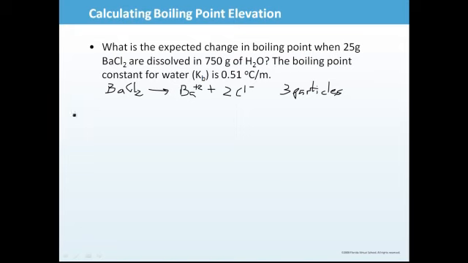Remember, that's the first thing we needed. And we have 25 grams. We got to first get that into moles. Alright, so again, we do need our periodic table, and we need to look up the molar mass of those 2 elements.